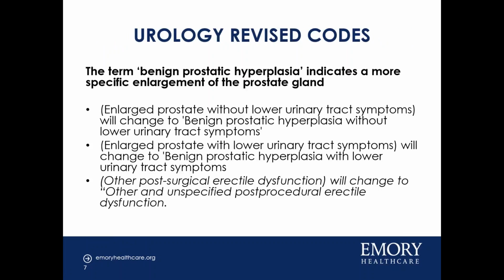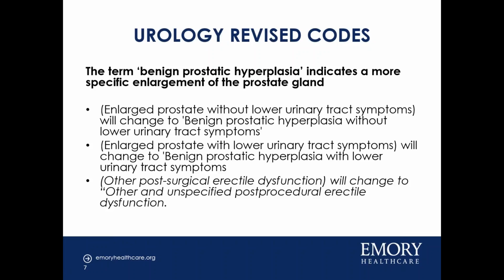Revised codes include, this is one popular code for urology: enlarged prostate with lower urinary tract symptoms or without lower urinary tract symptoms. That language changes to benign prostatic hyperplasia, as it indicates a more specific enlargement of the prostate gland.